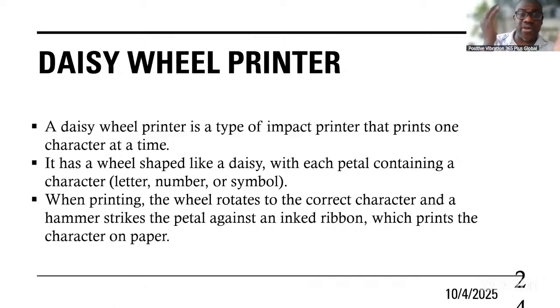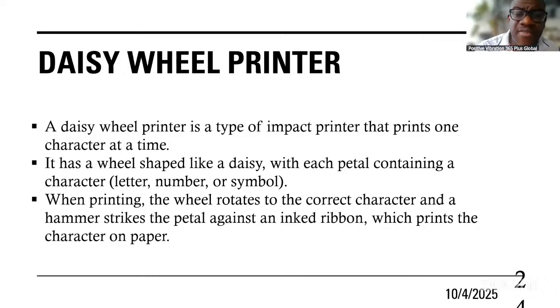The daisy wheel printer is again a type of impact printer. It also prints one character at a time. It has a wheel shaped like a daisy, so this is why daisy gets its name. It's shaped like a daisy, with each petal containing a character, which means a letter, number, or symbol.